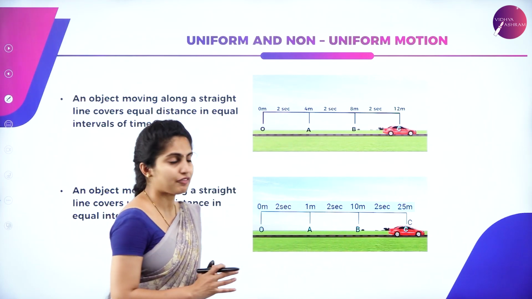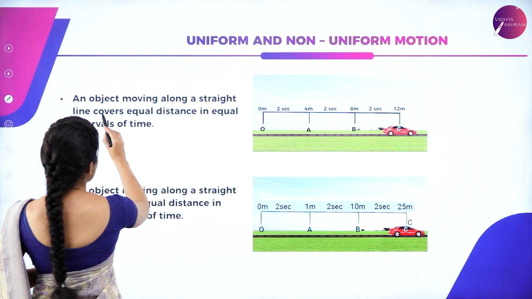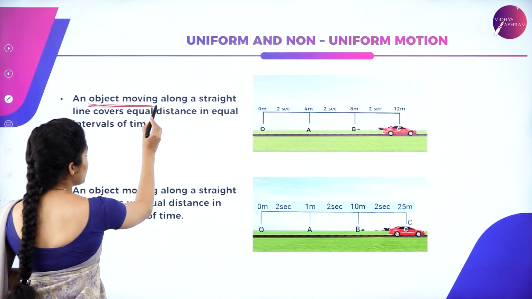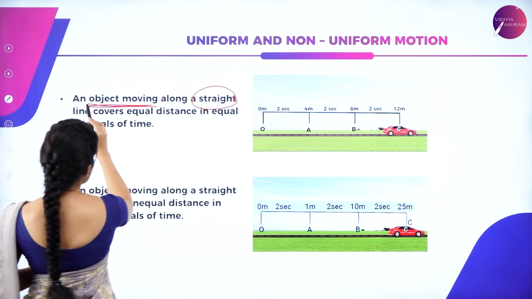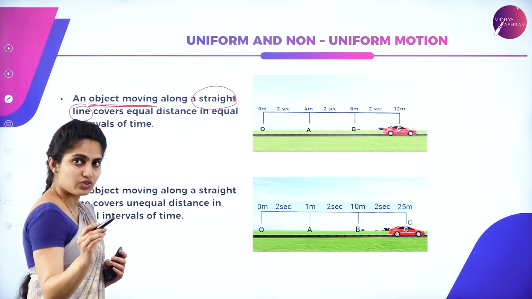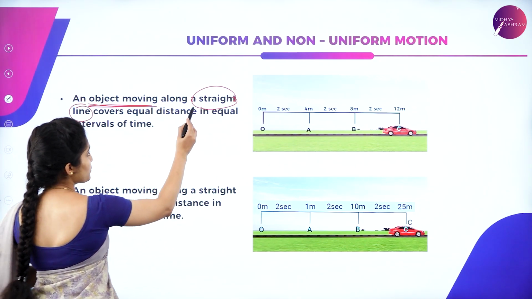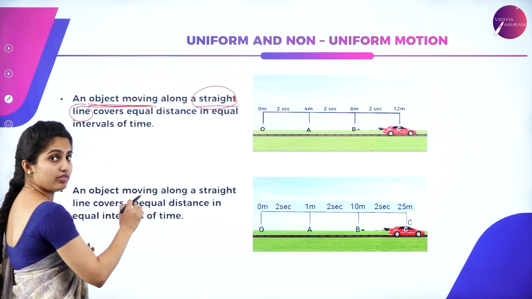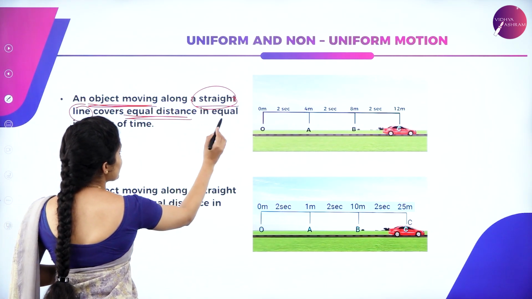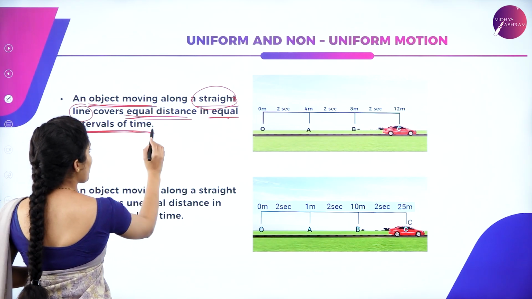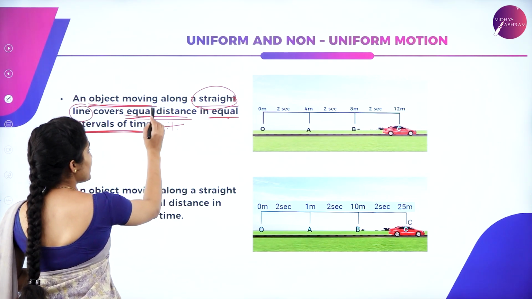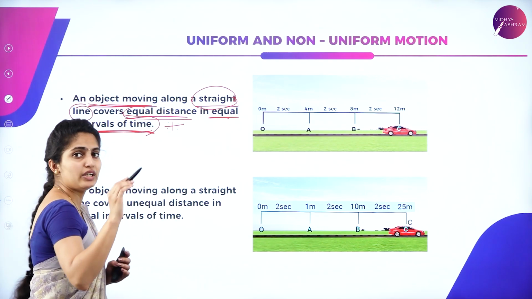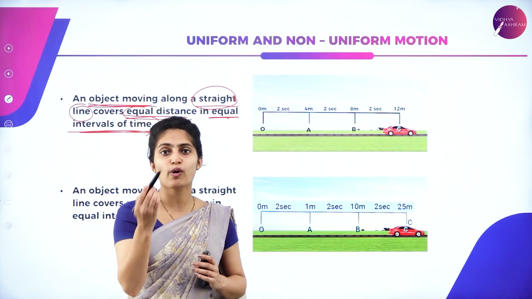In a similar way, uniform means the object moves along a straight line, since this chapter is completely regarding straight line, and it covers equal distance in equal interval of time. This point is the main point. Covering equal distance in equal interval of time is said to be uniform motion.